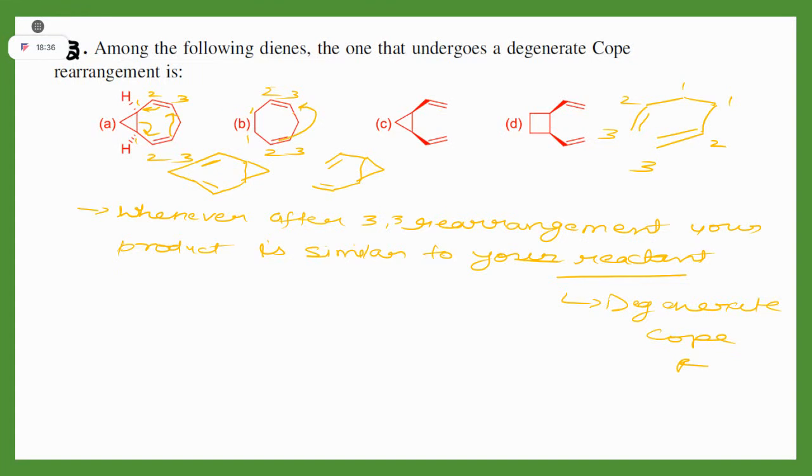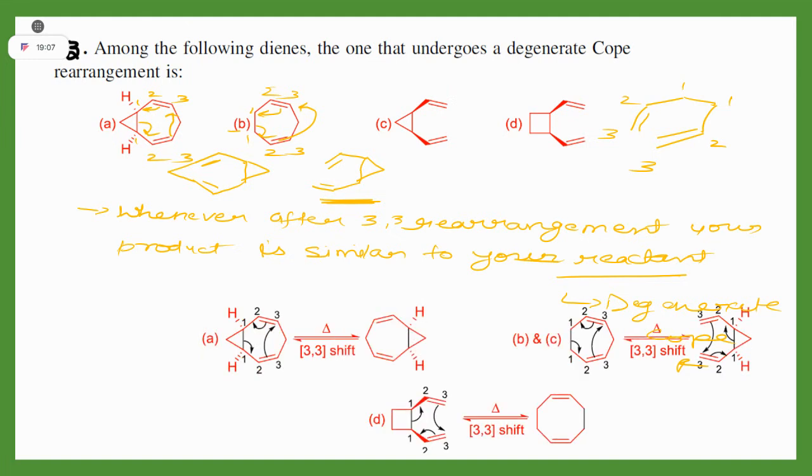This bond will go there. This will come here. Yes or no? One thing is clear. From B we are getting this. Basically, the starting material and product are not similar. Therefore, one thing is clear: B is not a degenerate Cope rearrangement. Either option A is yes or no.